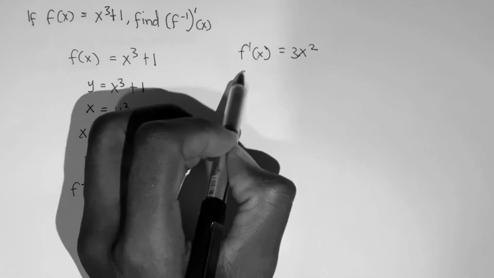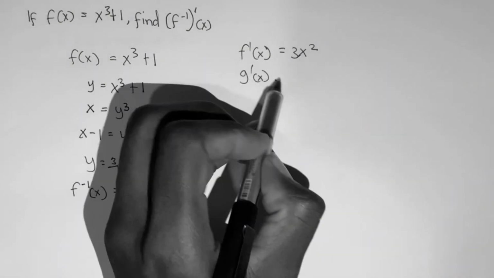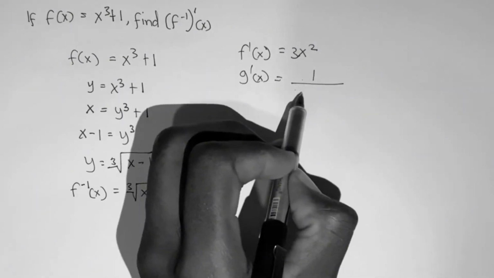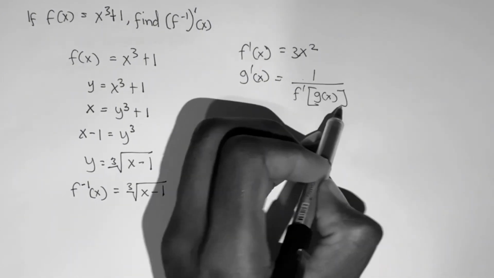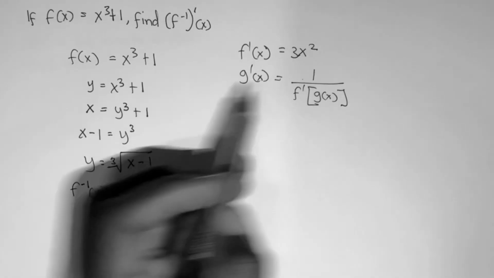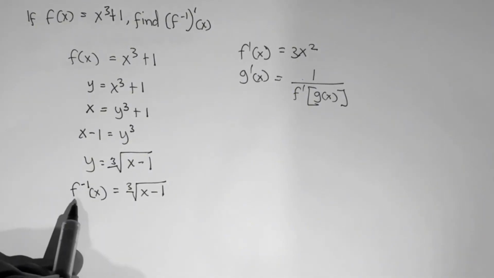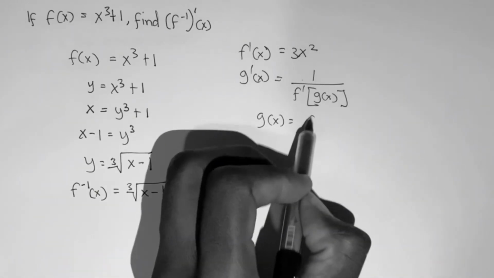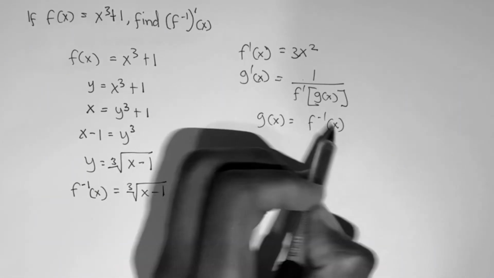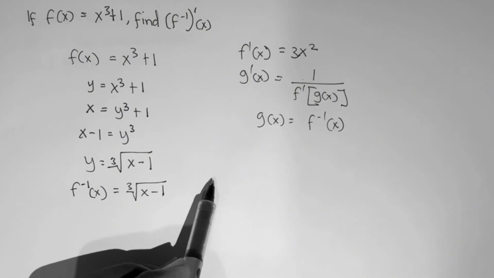But remember that g prime of x is equal to 1 divided by f prime of g of x. So our g of x in this case is f inverse of x. Remember that we said g of x is the inverse of f of x.